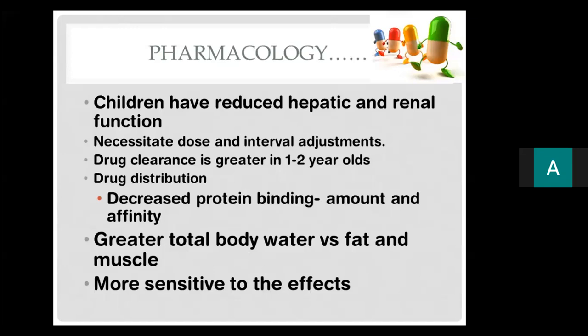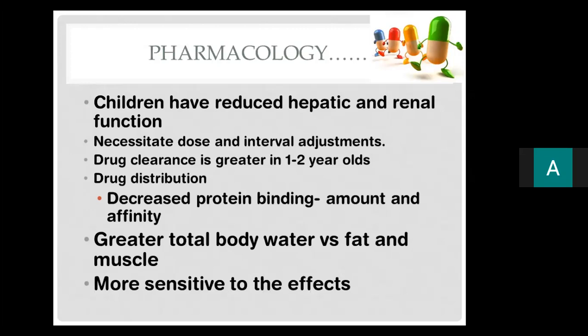Okay. So regarding their pharmacology, as we already said, their renal function is poorly developed. Their hepatic function is also poorly developed. So that means you're going to look at the drug doses that you're giving, and some of them are going to be higher or lower depending on the clearance of the drugs and also their metabolism.